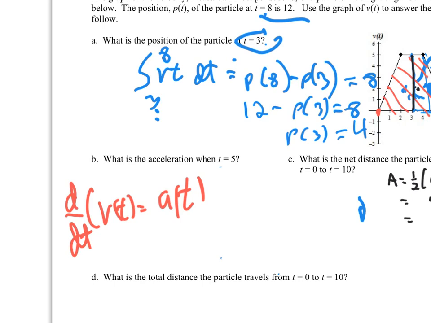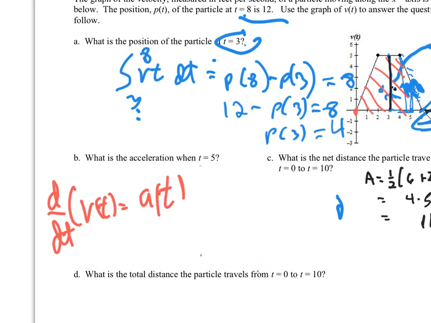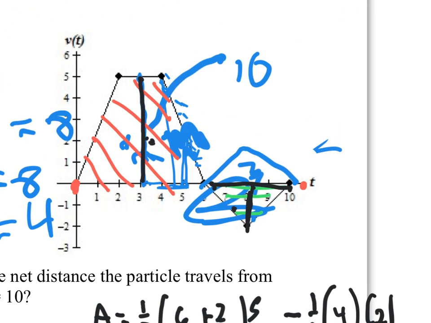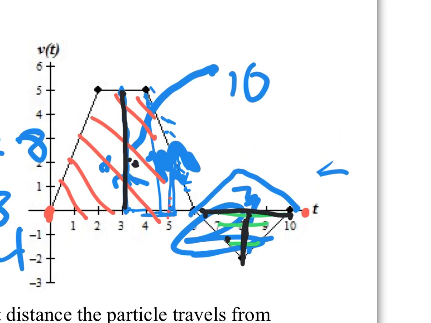So the derivative at t is 5 means what's the slope at 5? When I looked over here at 5, I see that we're on that line, and the slope of that line is rise over run.